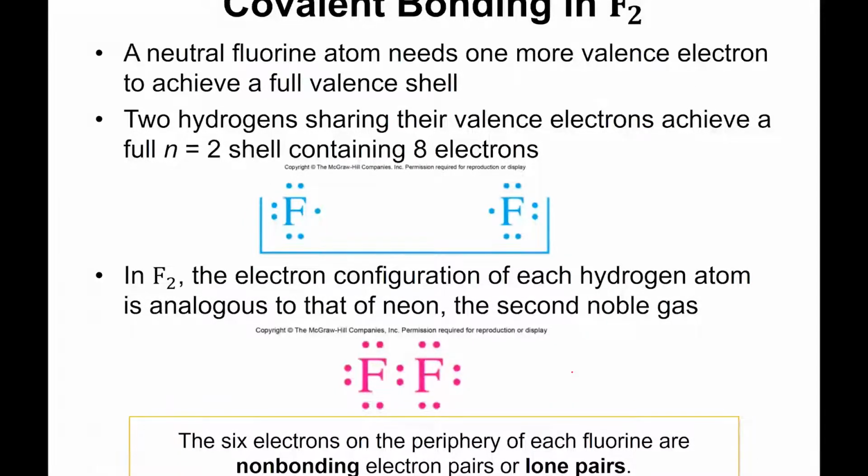What about fluorine? Similarly, a neutral fluorine atom needs one more valence electron to achieve a full shell. In this case, fluorine has 7 valence electrons, but if you look at the end of the periodic table, the next noble gas has 8 electrons in its shell, meaning that fluorine needs to get to 8 to fill its shell.